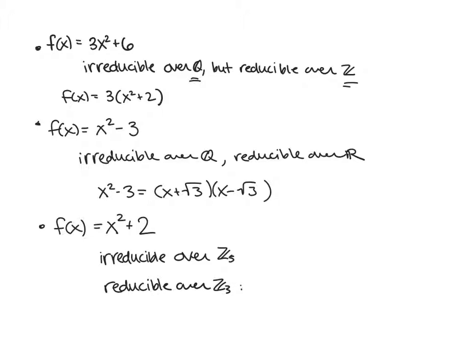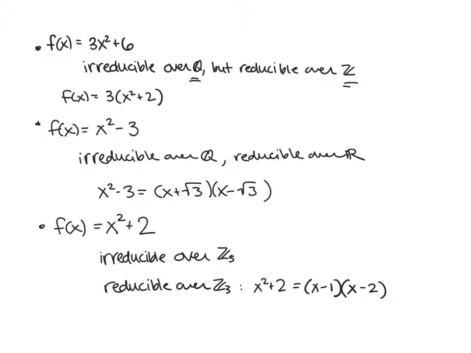Now, over Z3, one thing that you can notice is that if you plug in 1 into the function, you get 1 plus 2, you get 3, which is 0, right? So since 1 is a root, is a 0 of this function, we should be able to factor out an x minus 1. Now, what does the other factor look like then? Let's see, x minus 2 probably will do the job.